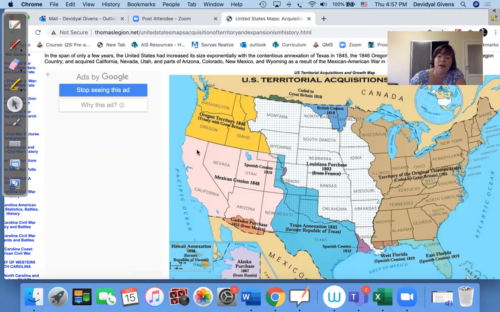And all of this pink part they got from war with Mexico, because America was coming further and further west, and they were trying to claim all this land. They claimed this, and when they claimed this is when Mexico went to war with them. But Mexico lost, and the United States won, and they got all the way from the Atlantic to the Pacific.